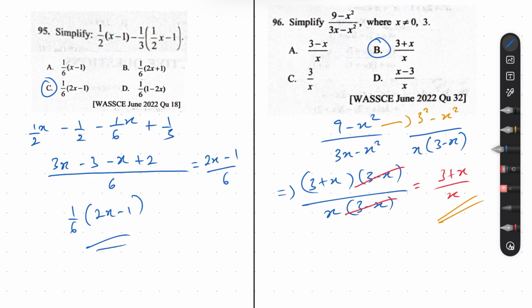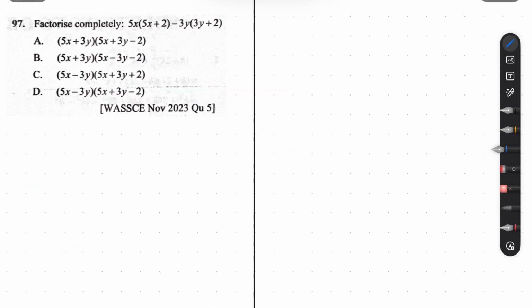Let's move on to question number 97. Question number 97 says factorize completely this expression. So now you can just expand first and see if you can factorize some things out. Let's expand first. We have 25x squared plus 10x minus 9y squared minus 6y.